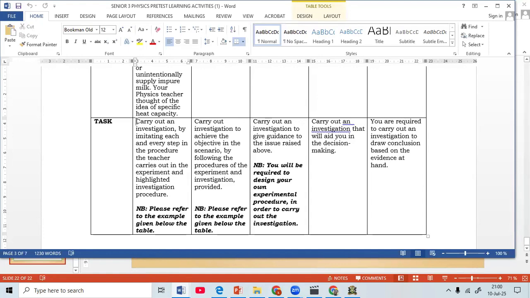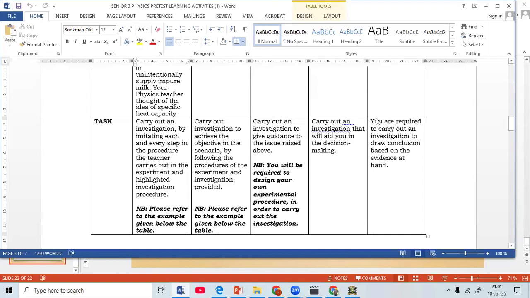Take an example in physics. If you have given this child a lens of focal length 10, the next time you can change and give him one of 15, moving from one level to another. At each of the stages, there are things we do.